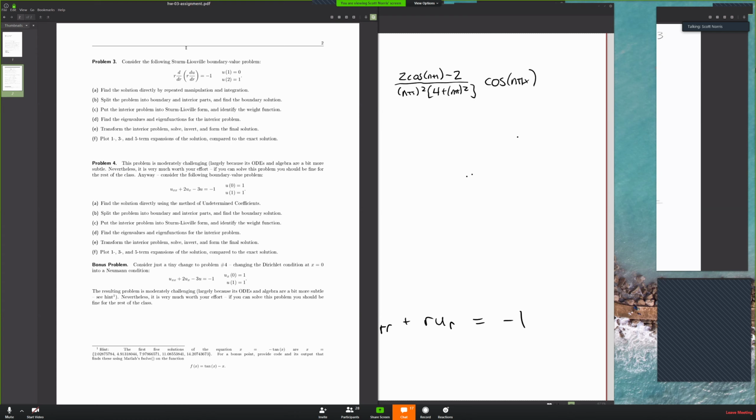Since this is a Sturm-Liouville problem, all those transforms and inner products will have a weight function of 1 over r in this case. And then we will obtain a transformed problem, which is again just going to be minus lambda_n u_n equals -1_n. And so we will calculate 1_n. We will solve for u_n, and then we will take the inverse transform by summing up all the eigenfunctions.